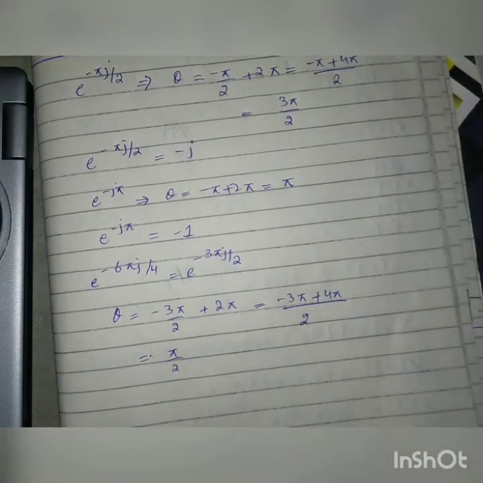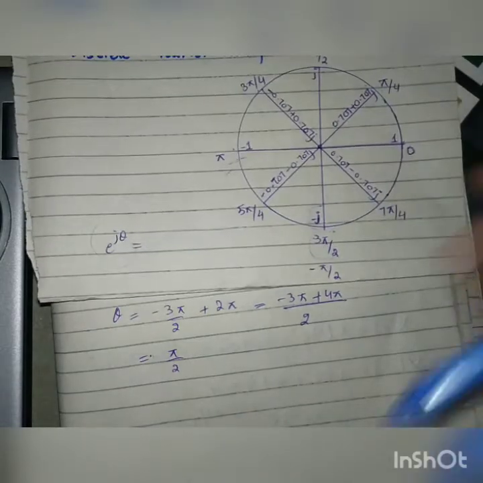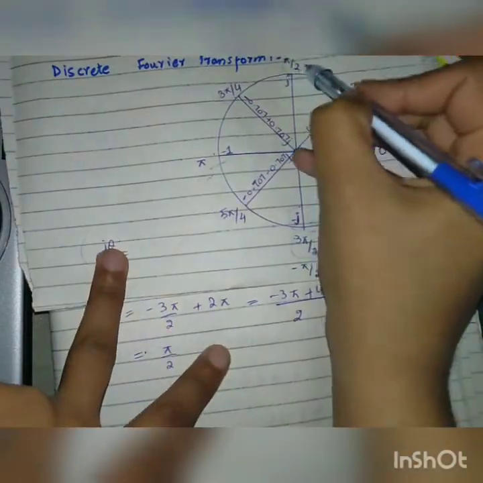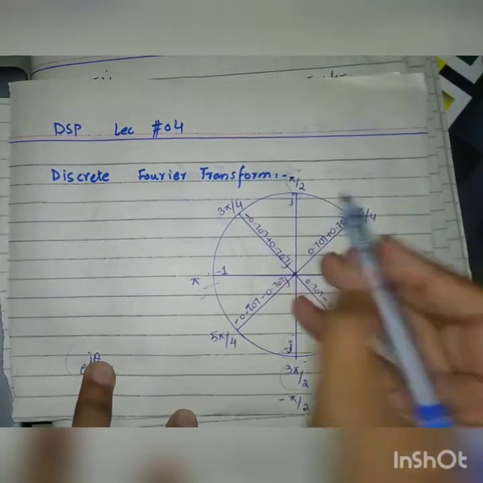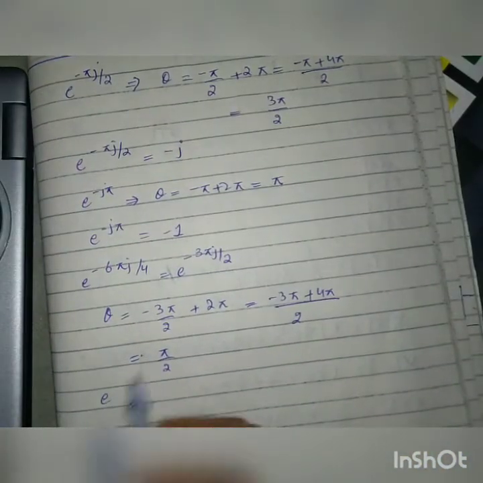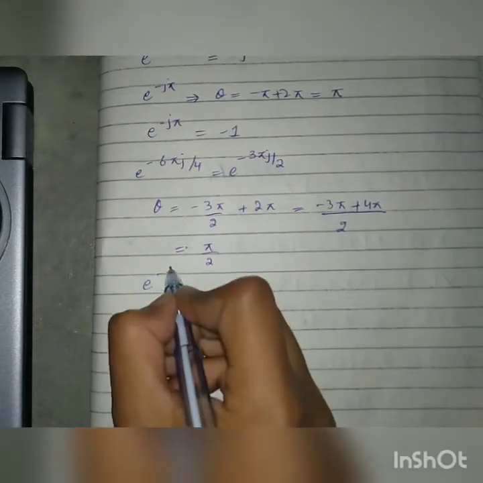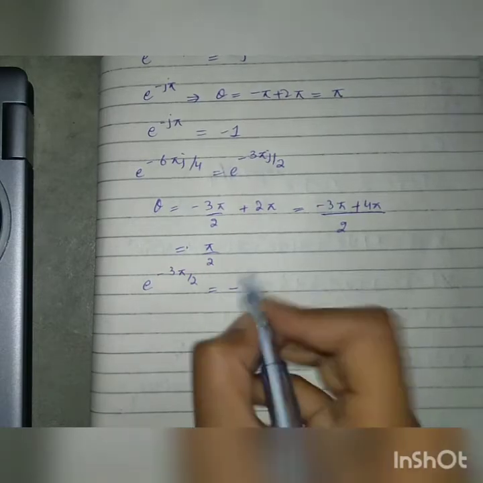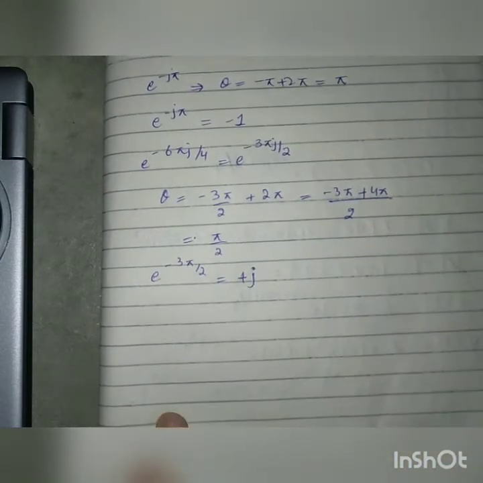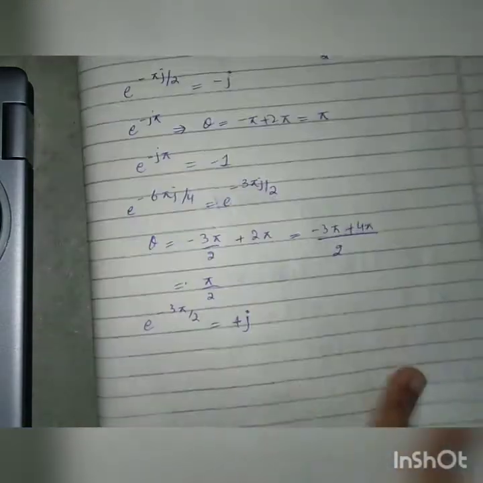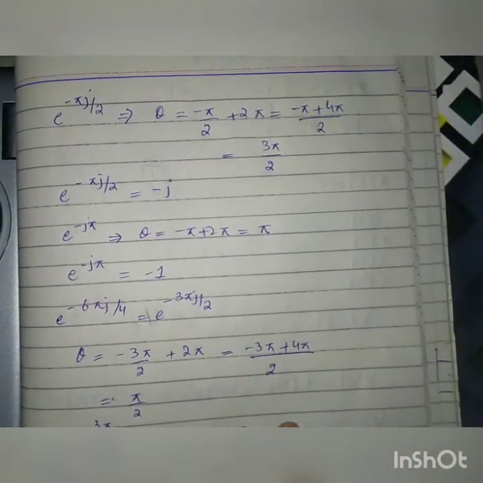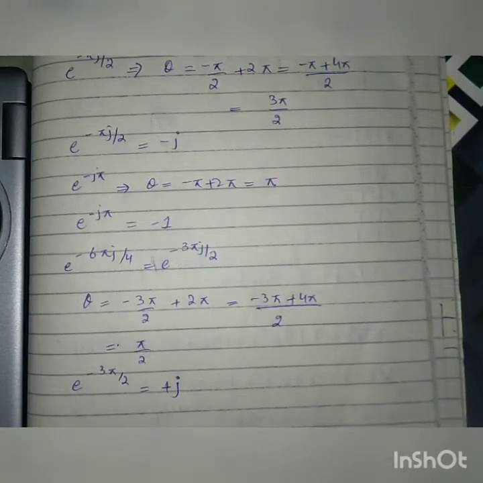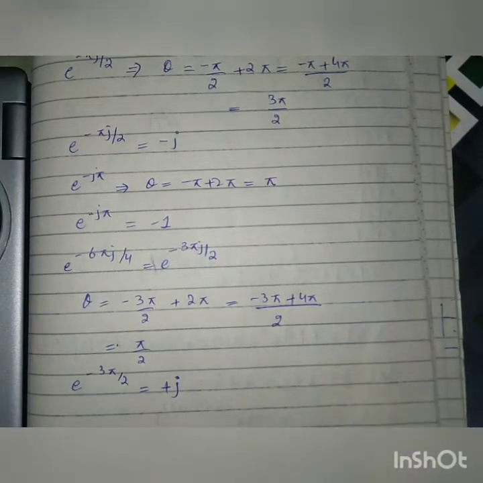So from here we can see that π/2 is this position, so we can use the corresponding value, that is j. So e^(-3πj/2) is equal to +j. Now we have found those values. Once it looks difficult, but once you are used to it, you will find it really easy.